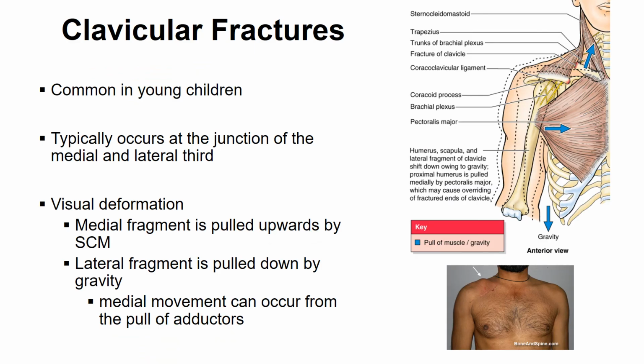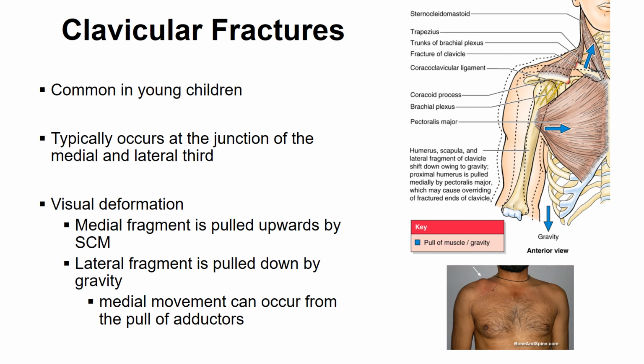Now, of course, all of the bones in the shoulder can be fractured and they're quite easy to fracture. Humerus fractures are pretty common, but the one I want to talk about is clavicular fractures, so fractures of the clavicle. This is quite common in young children because it's a fairly thin bone there and ossification hasn't fully set in, but really because of the location of the clavicle.